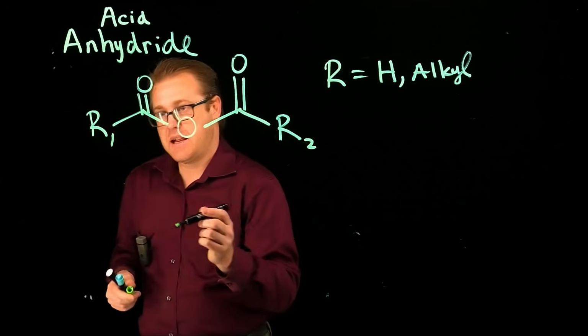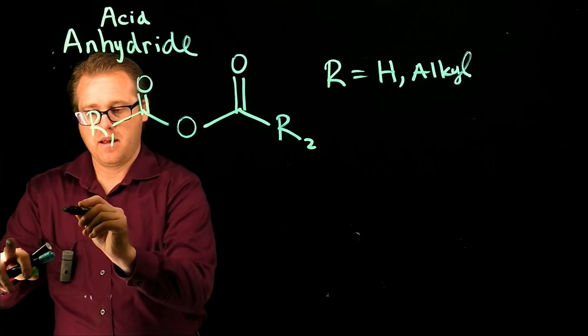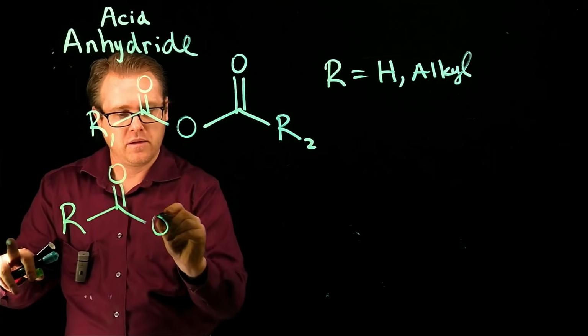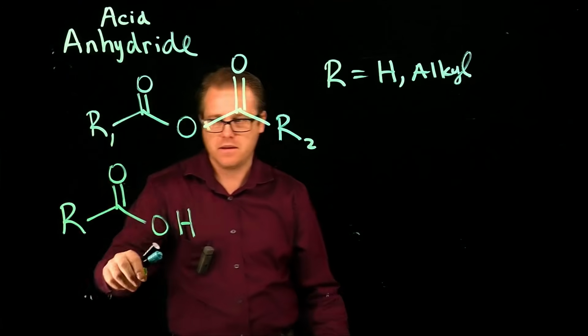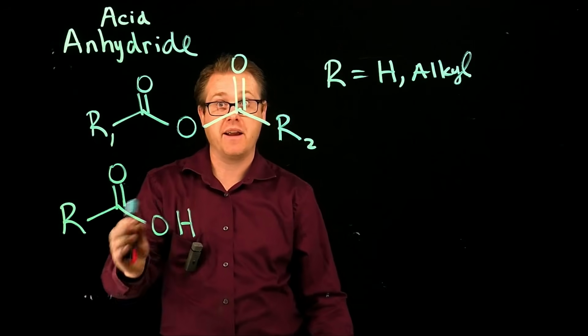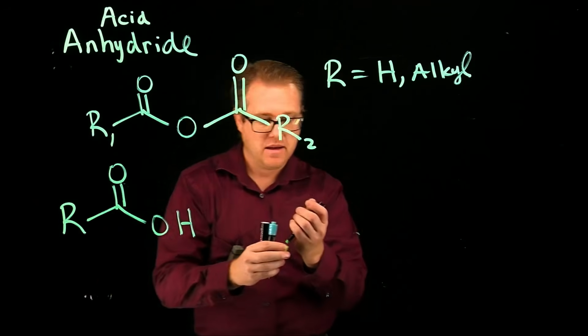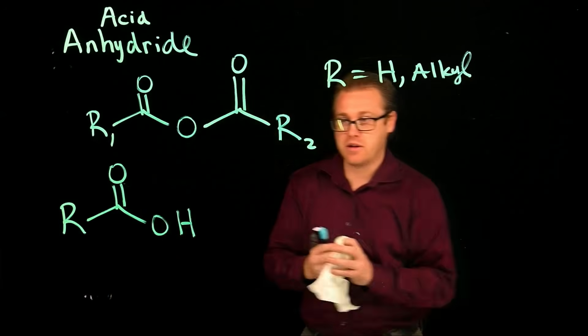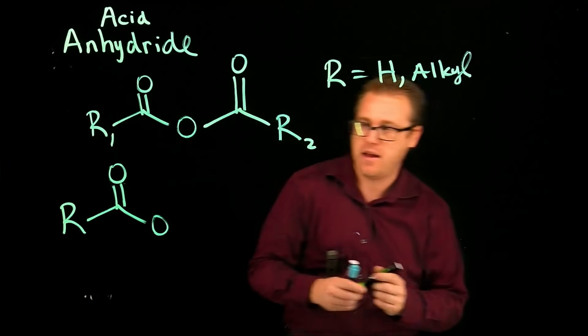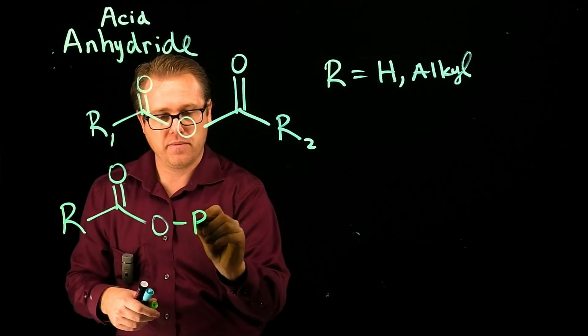Now, let's take an R. All right. So what is this group right here? I hope you're all saying carboxylic acid. Now, what if I took that hydrogen and replaced it with an R group?